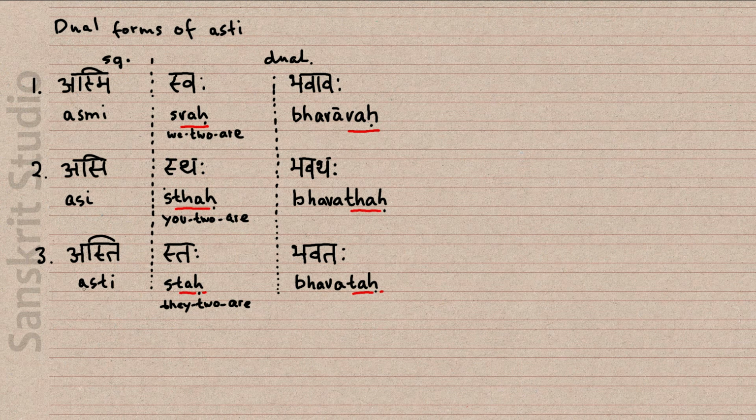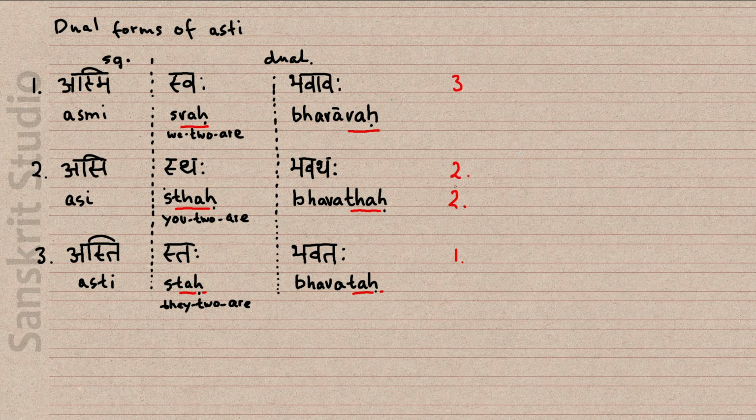But in Sanskrit grammatical vocabulary, the first person is down here, and the second person is called the middle person actually, and then the third person is, or it should be here instead.